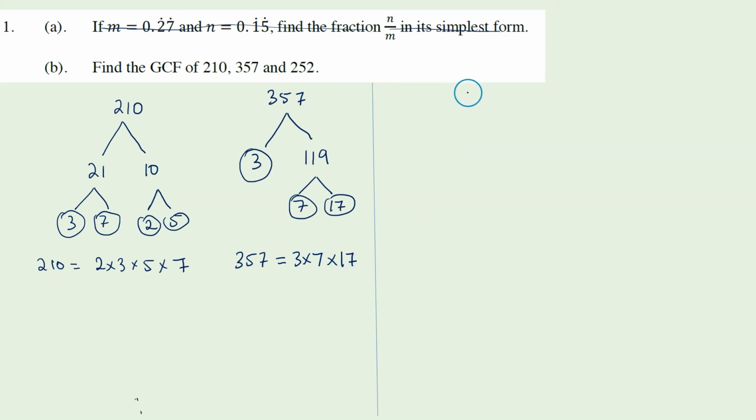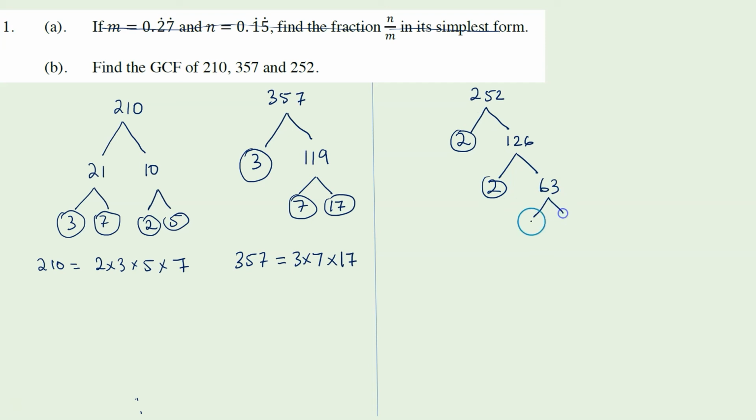Okay, now let's do the same for 252. So this is an even number. I can always start with 2. So 2, if you halve that one, you will get 126, another even number. So I'm just going to halve it. So 2 times 63 is 126. 2 is a prime number, so I circle it.